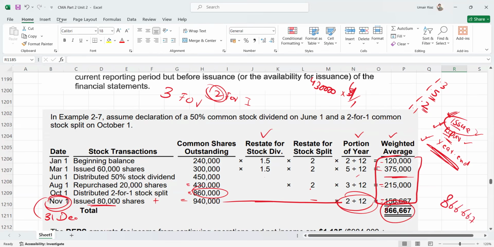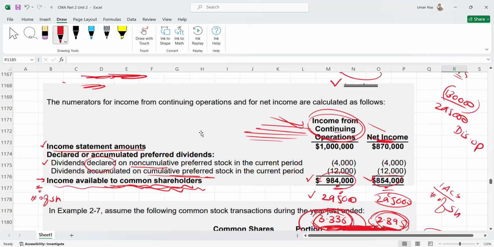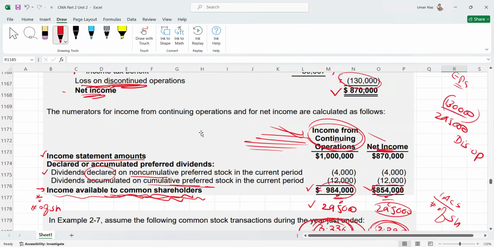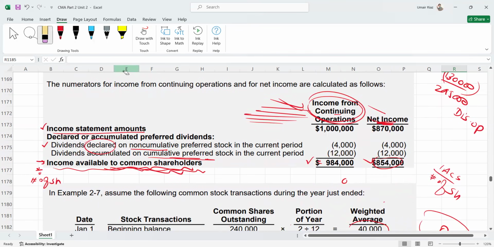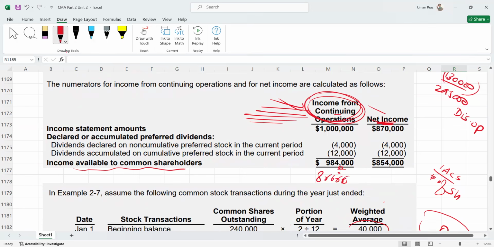Now what, guys? We'll go back and take this profit again, because if I want to revise the EPS calculation, we'll divide by the new number of shares. So we'll take income available to common shareholders from continuing operations, which is 984,000, divided by 866,667, and you will get EPS.